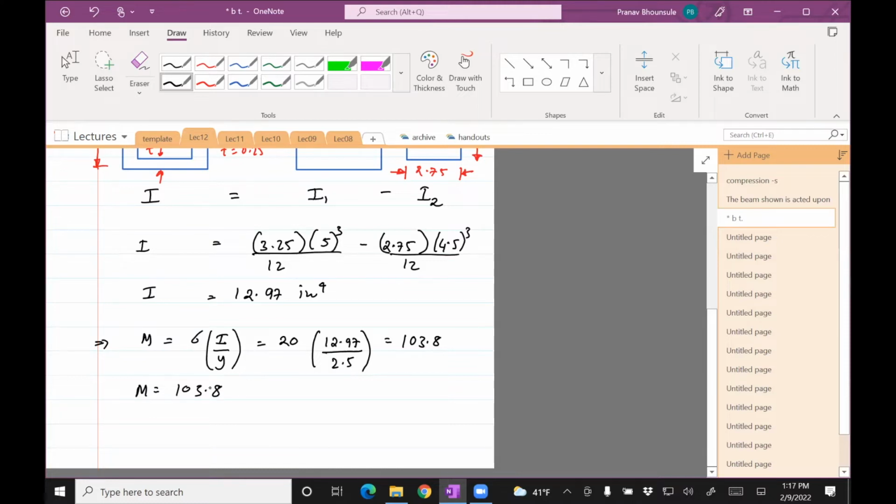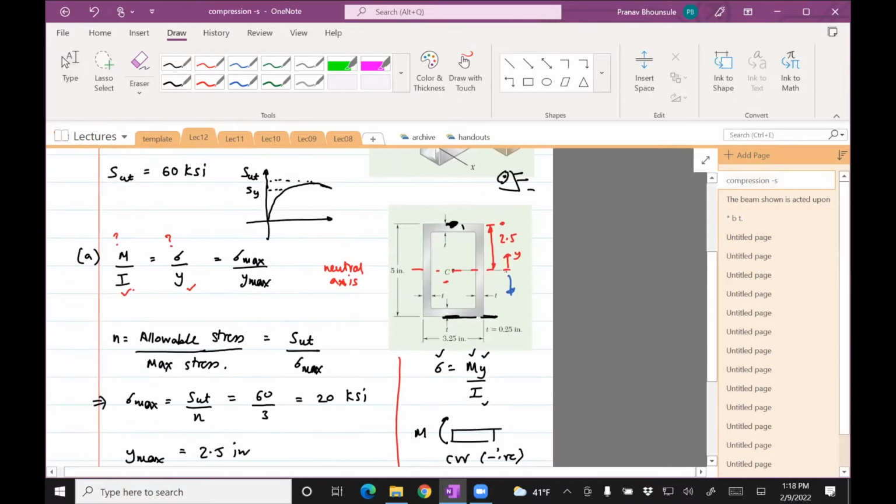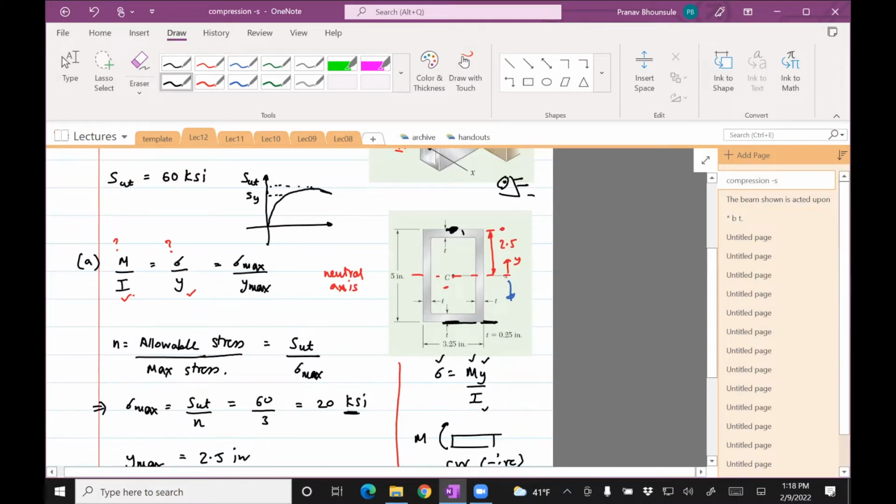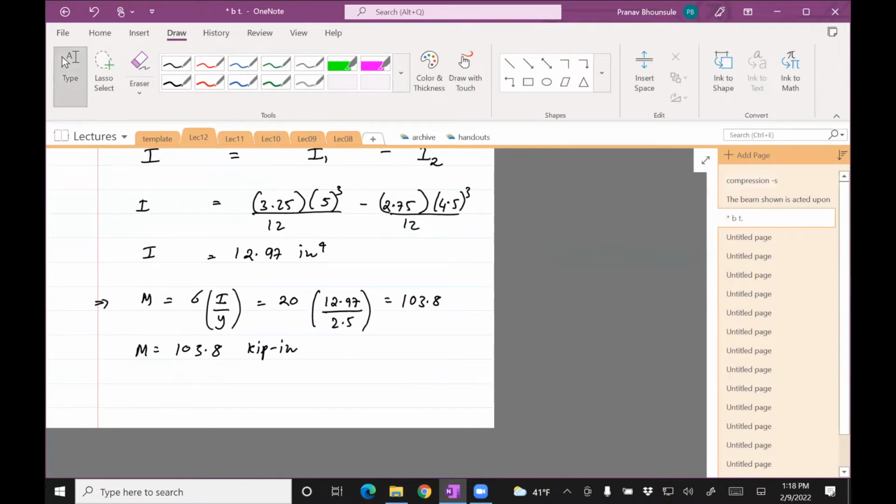Since we are dealing with IPS units, the units of M is going to be kip inch. Sigma, so SUT, yeah, it was in KSI. So since sigma was in KSI, your units for this is going to be kip, where the K is kilo, so 10 raised to 3. And that's only because sigma was in KSI.